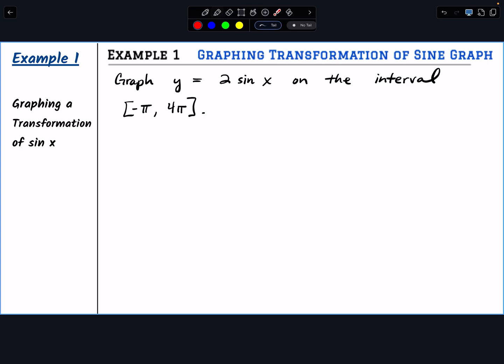So this means that our graph is going to be a vertical stretch by a factor of 2. Does that make sense, guys? All right, cool.